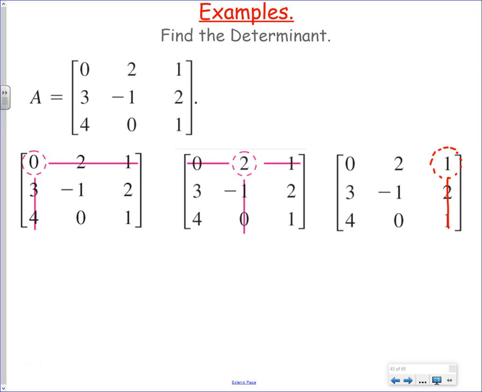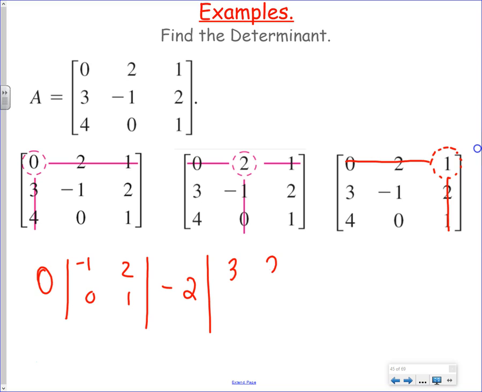What are you going to cross out? His column and row. And let me show you the other way to get 14. Take this number, 0, and you write next to it whatever's left. We'll talk about tomorrow why, but next you would write a minus with a 2 and everything that's left. Next you would write a plus 1 with everything that's left.